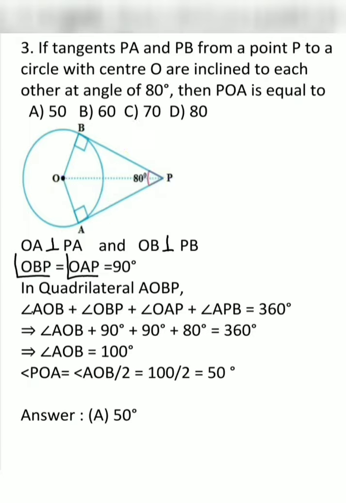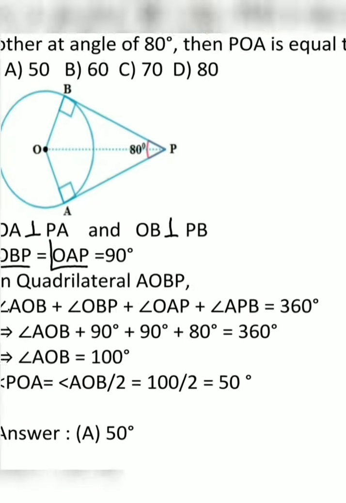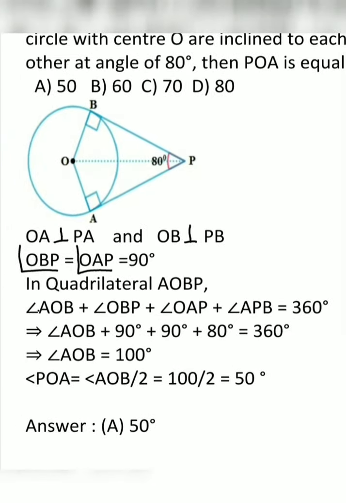Now we know OA is perpendicular to PA, OB is perpendicular to PB. Perpendicular means 90 degree, we can write here. OPB equals OAP equals 90 degree.